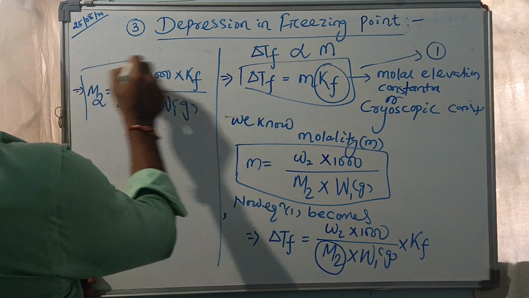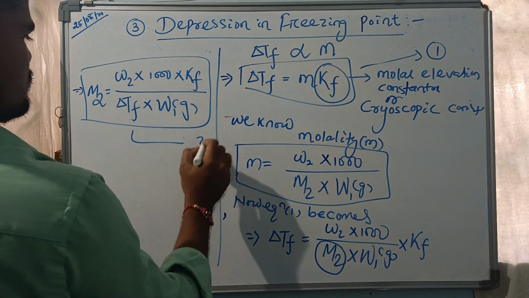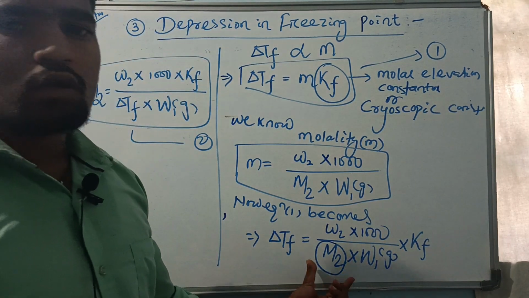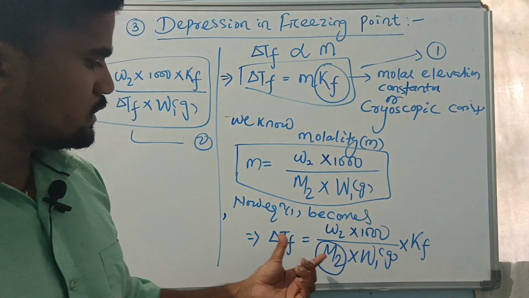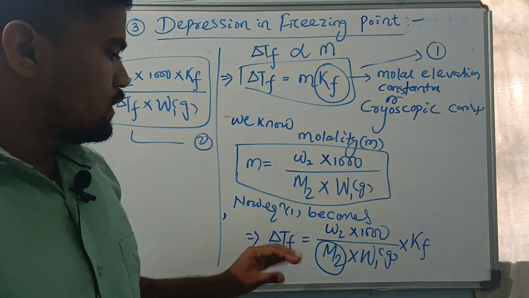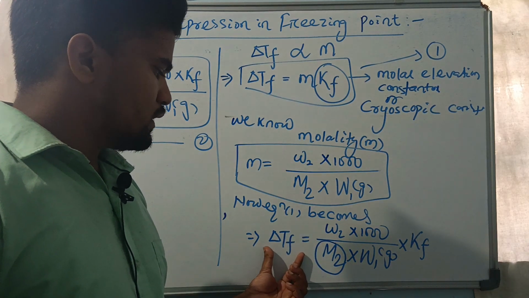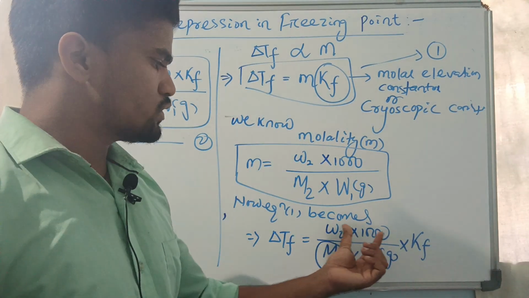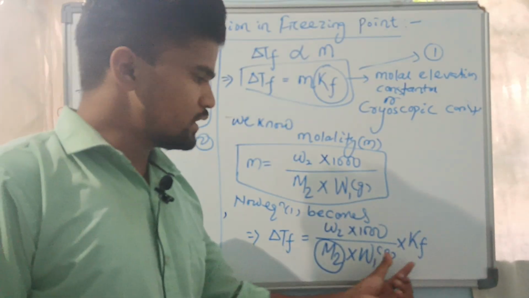From this expression we can conclude that for calculating the molecular weight of the solute we need the values of Delta Tf, the depression in freezing point, the weight of the solute, the weight of the solvent, and Kf.